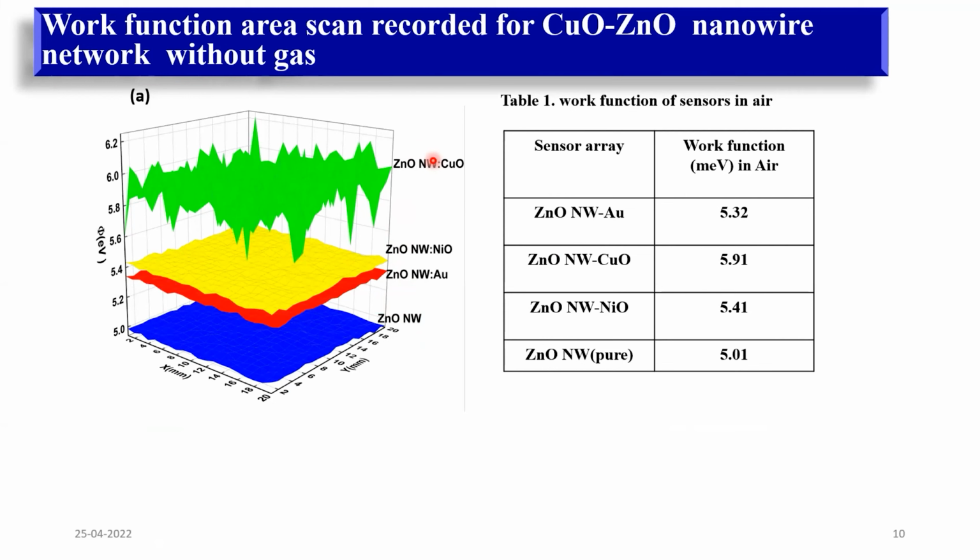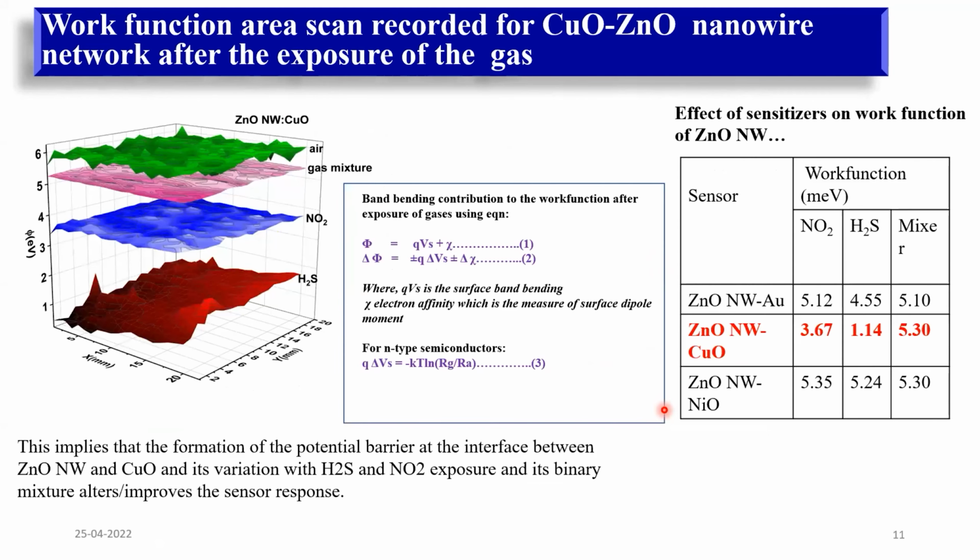The increase in the average work function is due to the heterojunction interface between zinc oxide and sensitizers. You can see that when the zinc oxide nanowire was pure, the work function was 5.01, but once it was modified with the different sensitizers, there is an upward increase in the work function. This is due to the nano heterojunction formed between the zinc oxide nanowire and the different sensitizers.